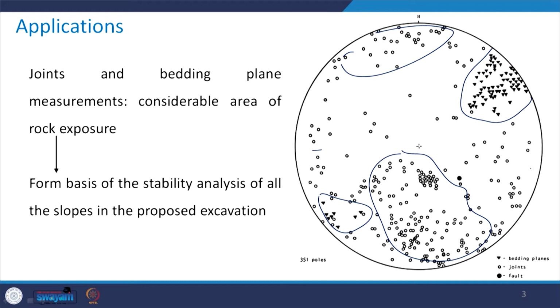That means that the whole area has been mapped onto this stereo net, and based upon these geological structures, their concentration, and where we are planning to go ahead with any kind of excavation, maybe for slope stability analysis, for tunneling purposes, or for foundations on the rock mass, accordingly this data will be helpful to us.